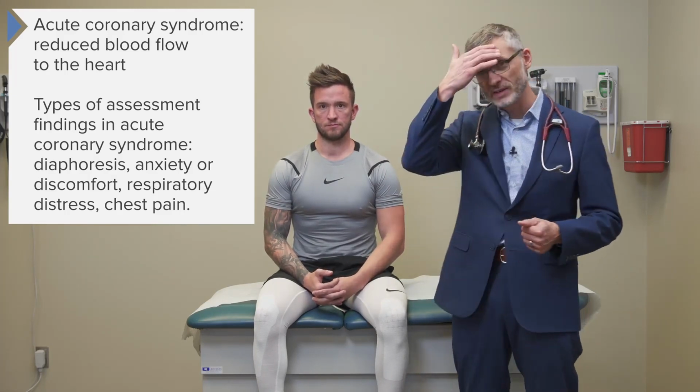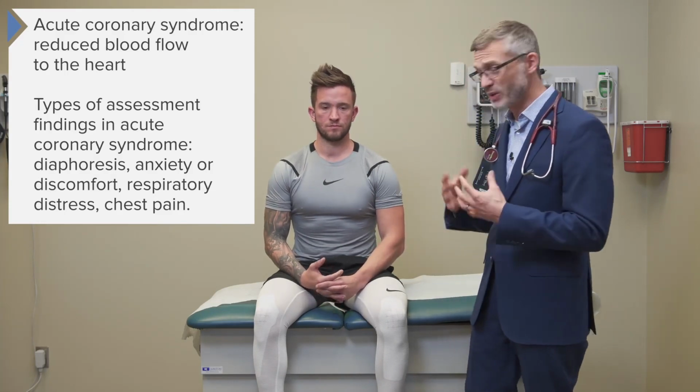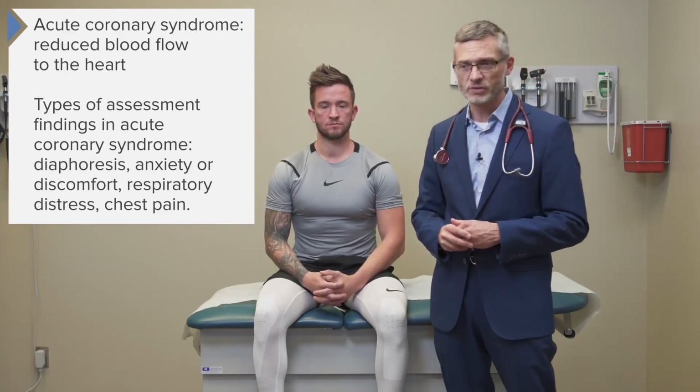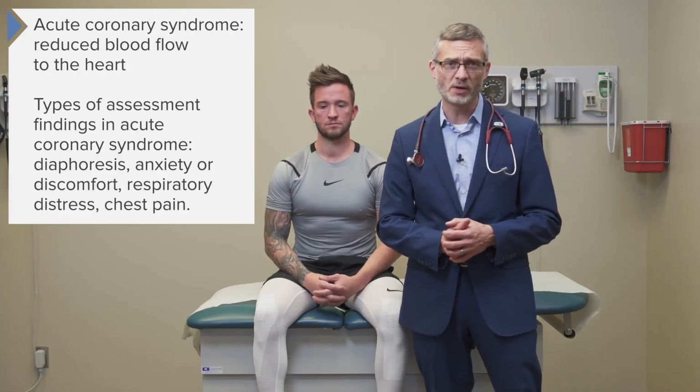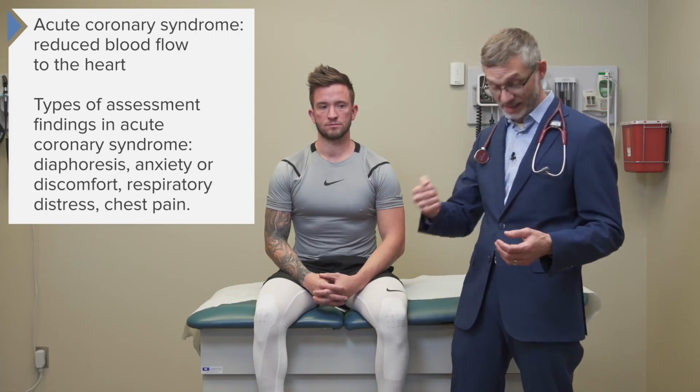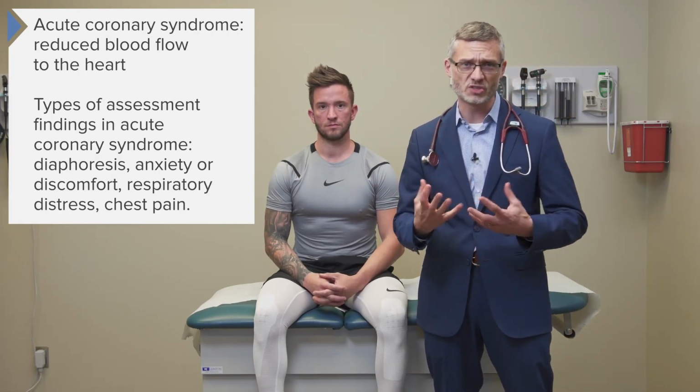They may have diaphoresis on their forehead with evidence of just sweating. They may look really anxious and uncomfortable. Certainly they may be in respiratory distress, which we'll talk a little bit more about in the pulmonary section. And hey, they may even be clutching their chest right before your eyes as evidence of the source of this crushing chest pain that they're experiencing.